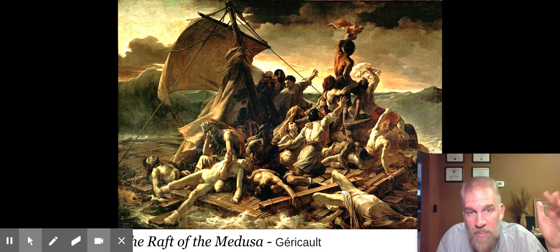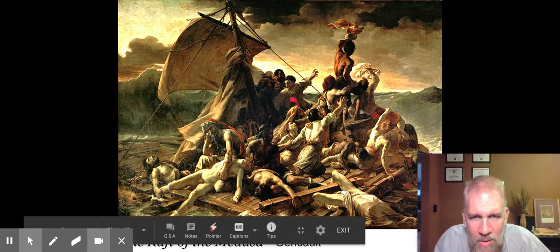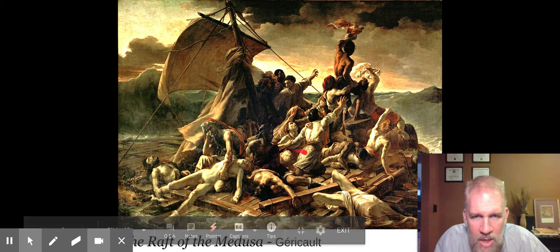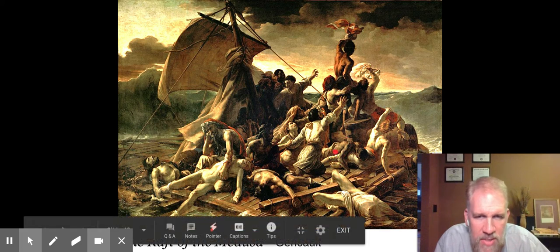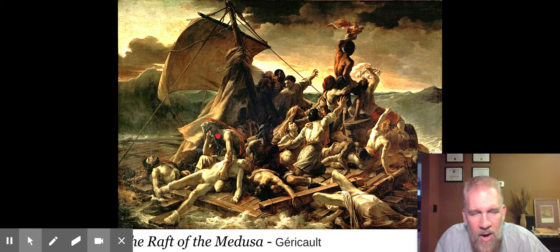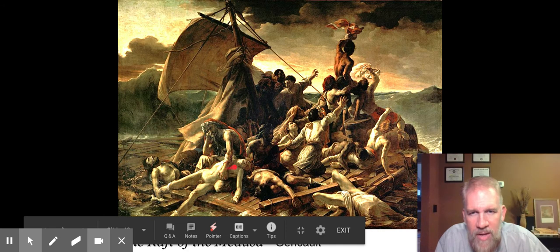What's the mood of this piece? Obviously, if we look right here, these three figures are just desperate, and then this figure here and this figure here are just exhausted, and then this figure here doesn't even care what's going on behind him. He is so distraught at this lifeless corpse he clings to that he's just given up.